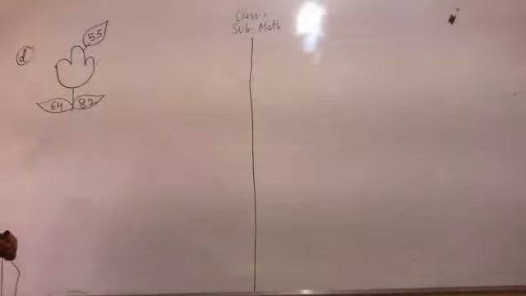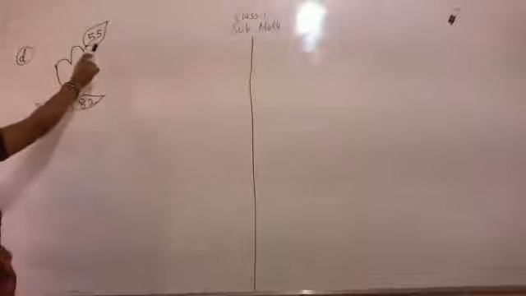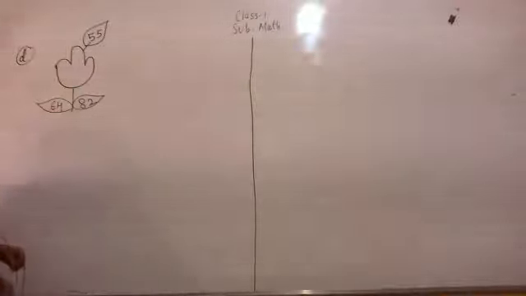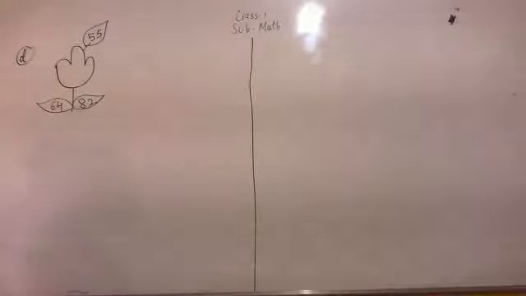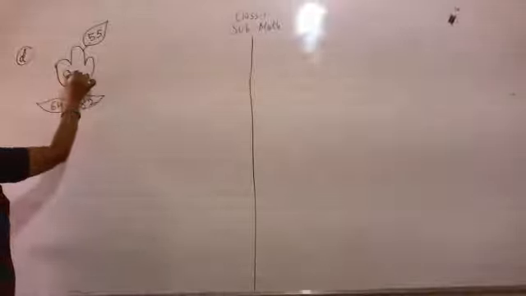Now I read the numbers. Numbers are 55, 82 and 64. So which is the largest number? Largest number is 82. So write here 82.